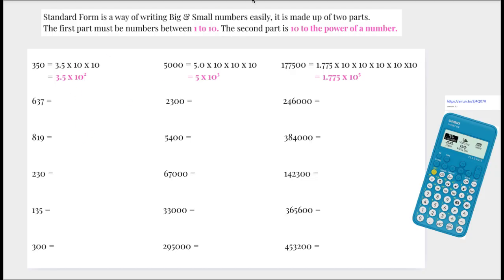And then the second part is 10 to the power of a number. So it's going to be 10 to the power of the number, as in the decimal place is moved. So with this example, 3.5 is times 10 to the power of 2.